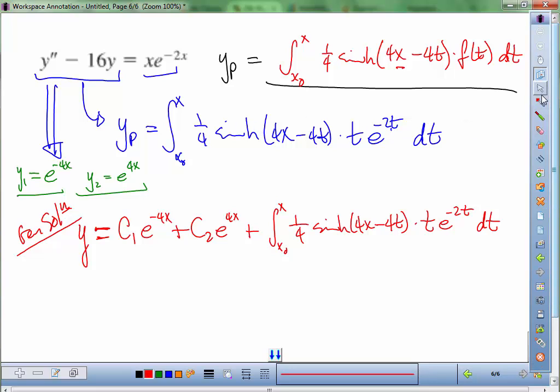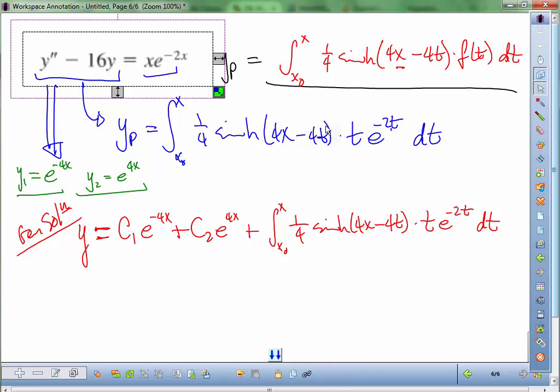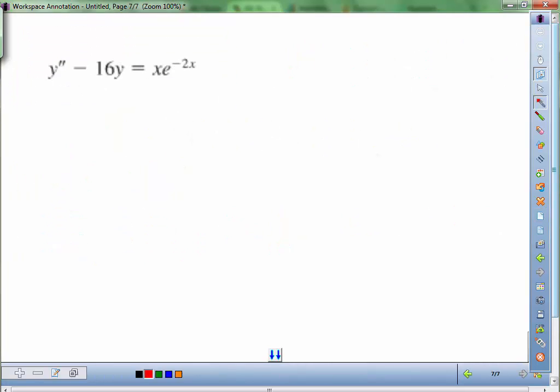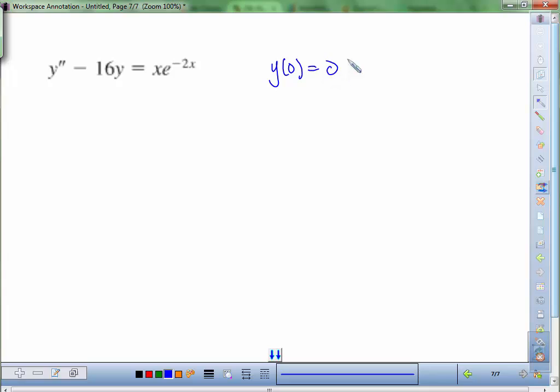Let's see if we could do this problem here and then add some initial conditions to it. Let's keep the initial conditions simple for now, where y of 0 is equal to 0 and y prime of 0 is equal to 0. So now we have a complete package.